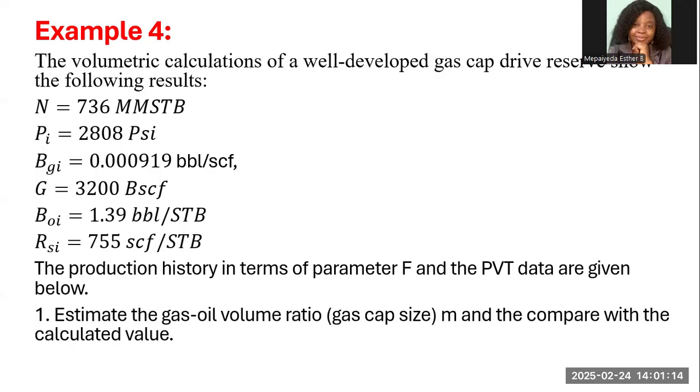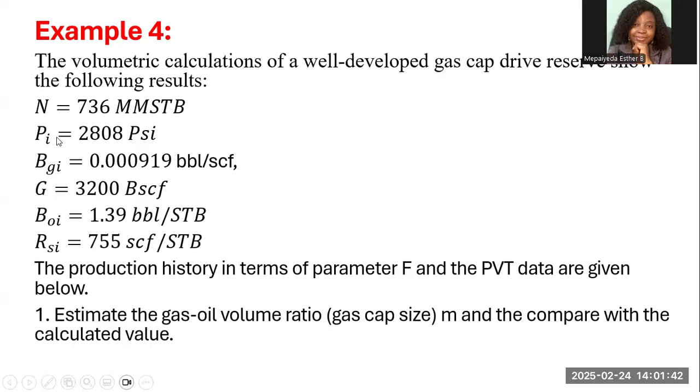So here we are treating a well-developed gas cap drive reservoir, and the result of the volumetric calculations shows the following. You have your N to be 736 million STB. In the previous examples, we estimated N. In this example, we've been given N, 736 times 10 to the power 6 STB, estimated at the surface.